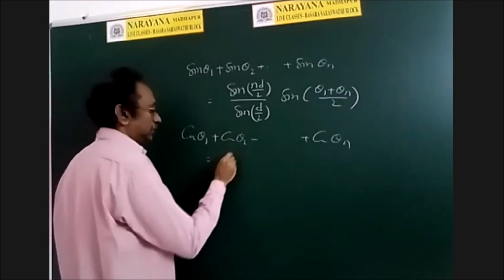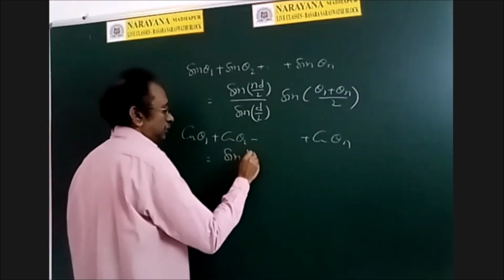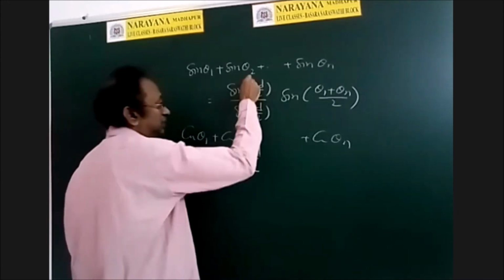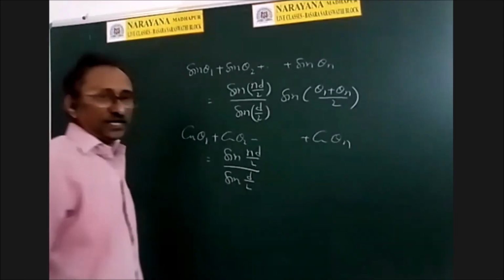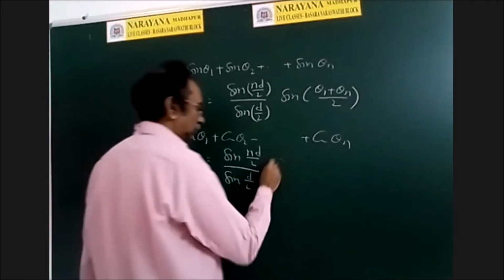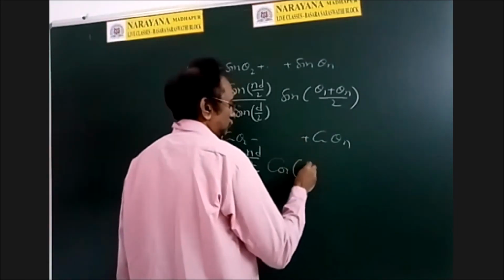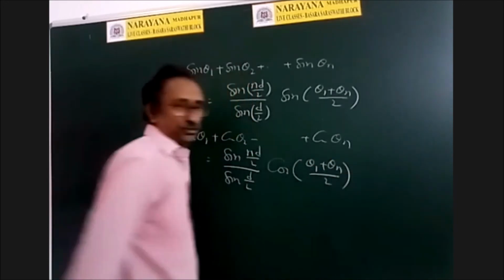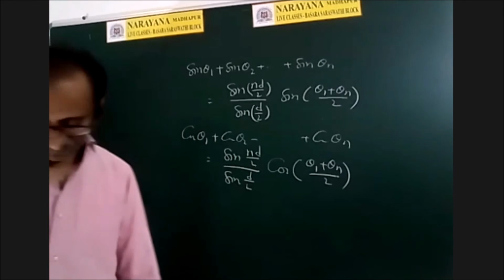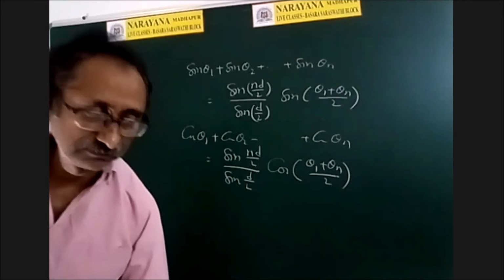If they are in arithmetic progression, there is no change in these two terms, sin nd by 2 by sin d by 2. Here only you will get cos, so cos of theta 1 plus theta n by 2. Okay, so we'll do a problem on that.